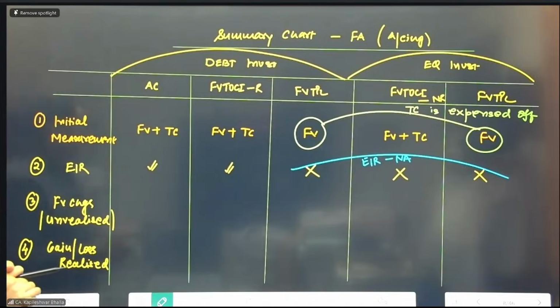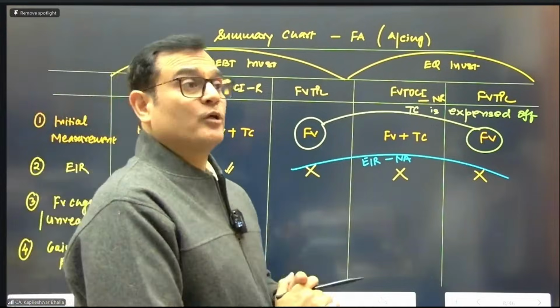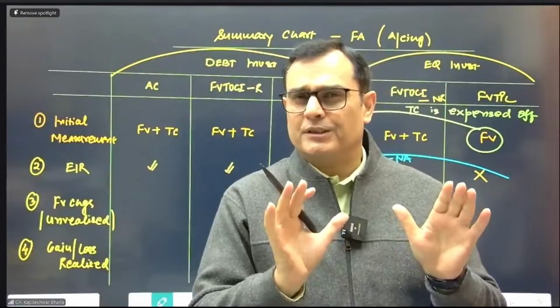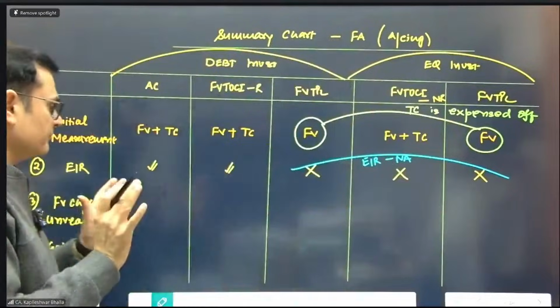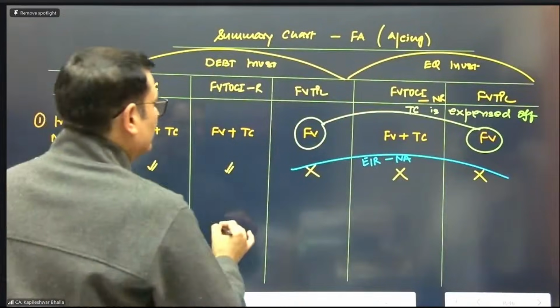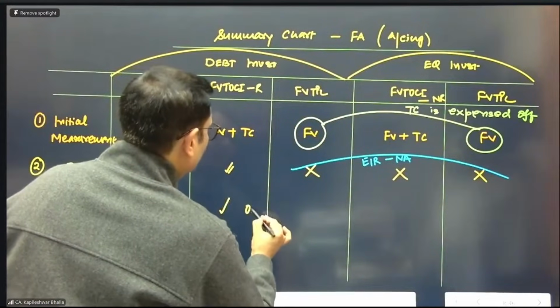Now, you need to be careful in which cases the concept of fair value changes is captured. In terms of AC, no fair value change. In all of the other cases, yes, it goes in OCI.